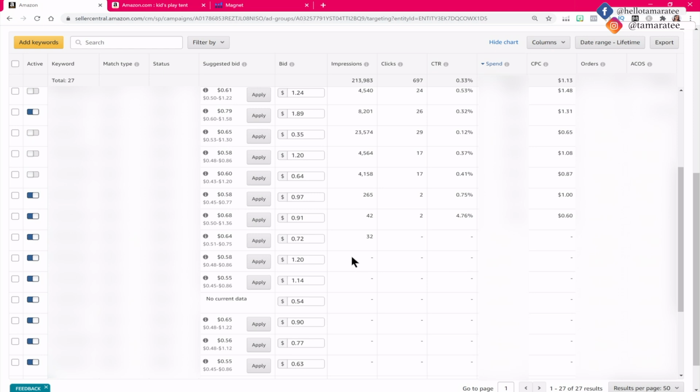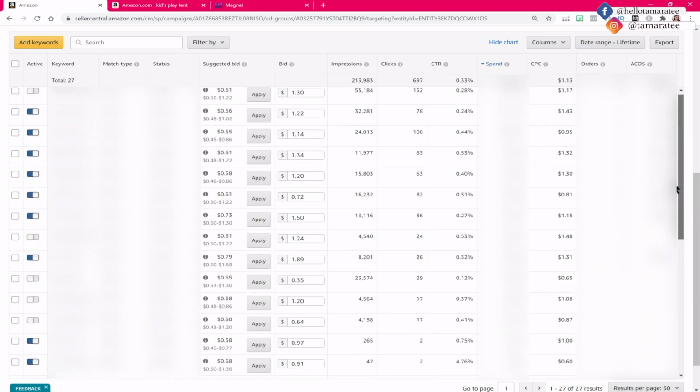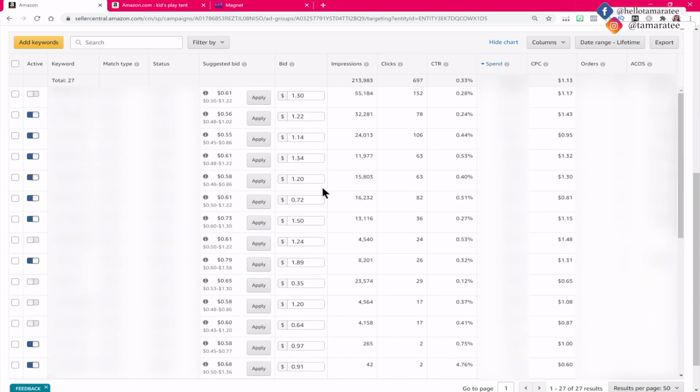Well, that's because you have too many keywords in one campaign and your daily budget cannot feed all of those keywords. Now, I don't have a specific number on how many keywords you should have in one campaign, but to play it safe, I do not like to have more than 20 keywords.